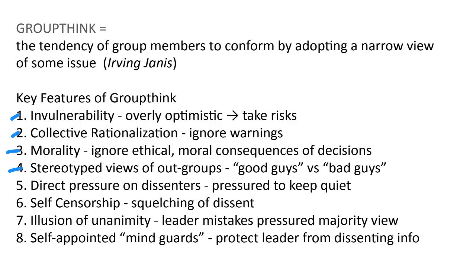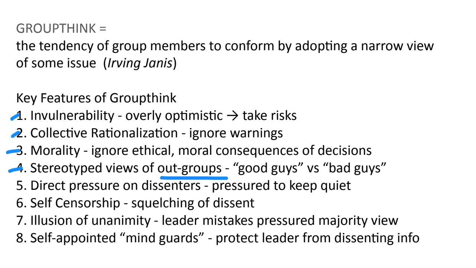Stereotyped views of outgroups. So this is one of our definitions that we've looked at this week. Stereotyped views of outgroups means that the members of the group will see themselves as the good guys, and anyone who goes against them as the bad guys, and then they work to keep up that narrative.